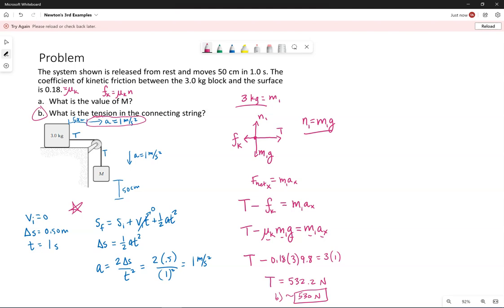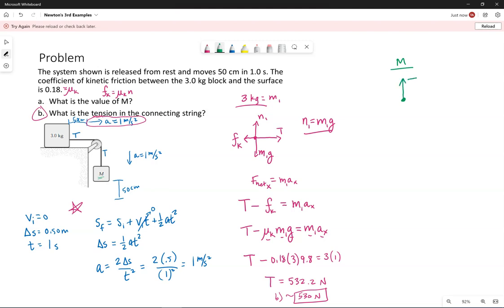The other part, we want to know the value of m, where m is the mass of the block that is hanging. Well, we need to look and relate the forces on that block to its acceleration in order to get m into the equation. So here's our mass.